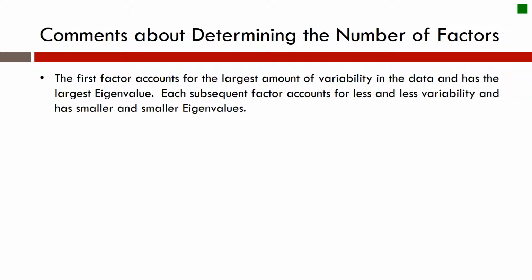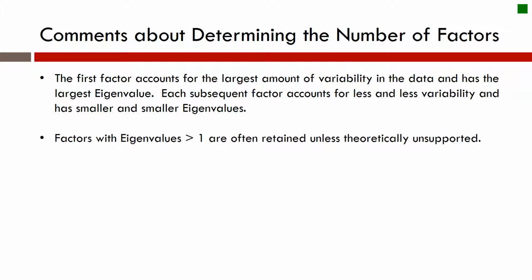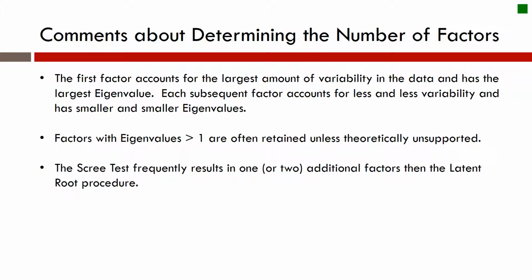The latent factor rule is probably the most common. Okay, so as you're looking at your eigenvalues, the first factor that is reported will have the largest eigenvalue. Each subsequent factor will have a smaller and smaller eigenvalue. Factors with eigenvalues greater than 1 are the ones we often want to keep.